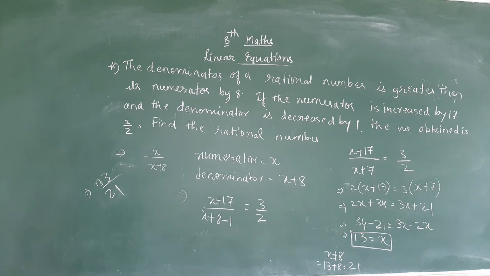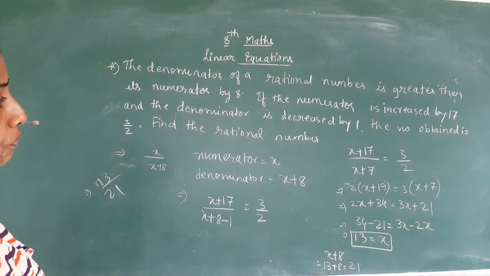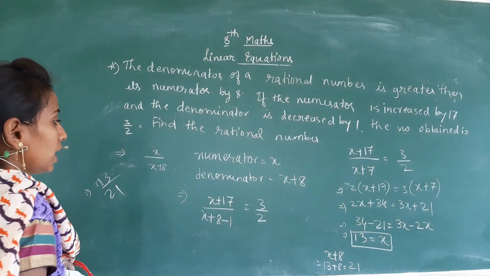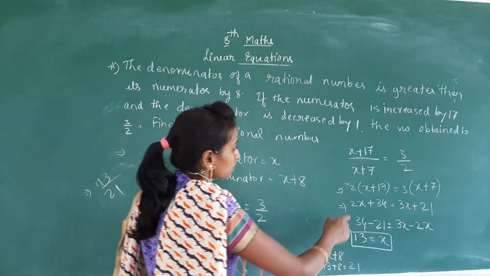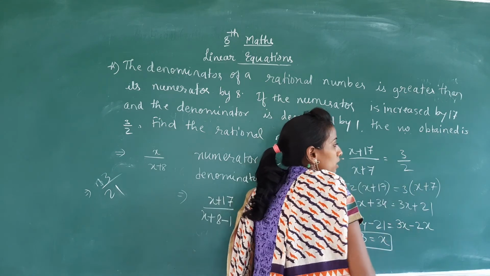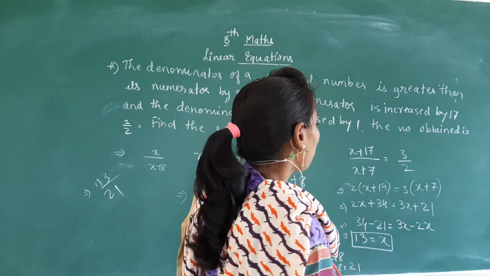Subtracting 1, that is x plus 8 minus 1, equals x plus 7. The ratio they have given is 3 by 2, so x plus 17 divided by x plus 7 equals 3 by 2.